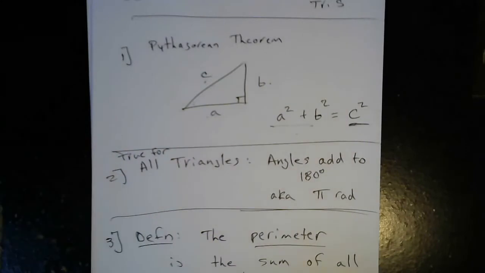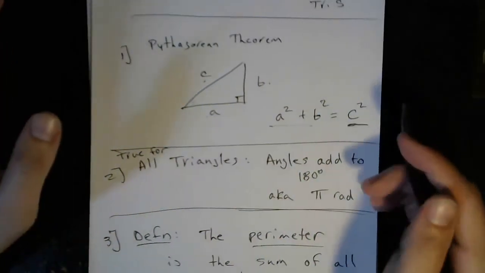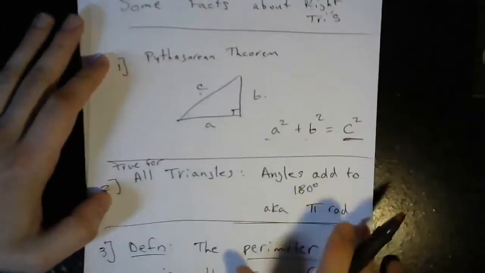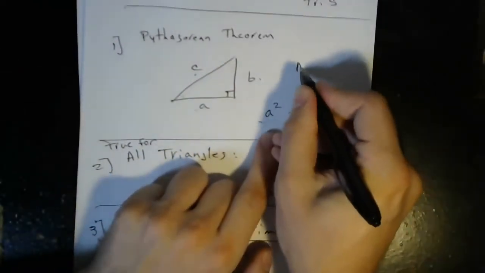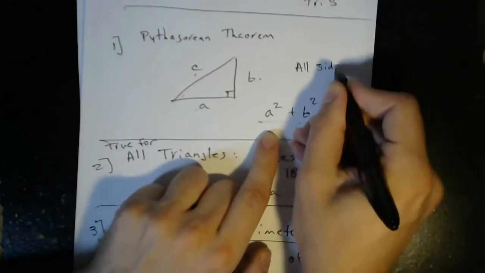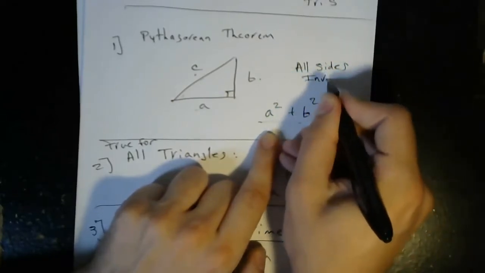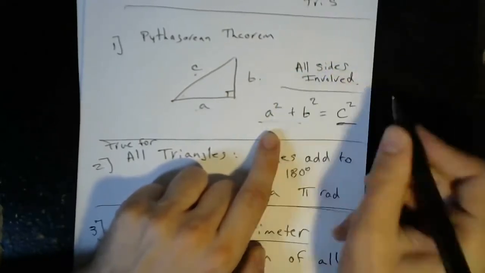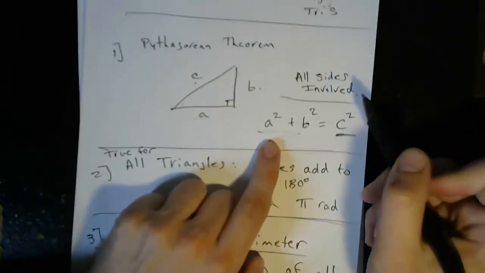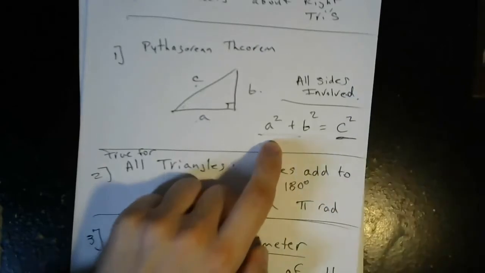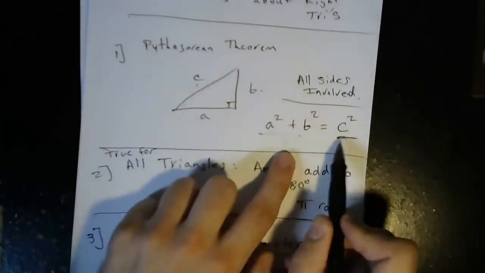So there is one thing to briefly note about the things I just brought up. The Pythagorean theorem is an equation that involves all sides, right? So all sides are involved. And so if you're ever working with only sides and you need to find another side, well, this is what you would want to use, right? The Pythagorean theorem relates the sides.